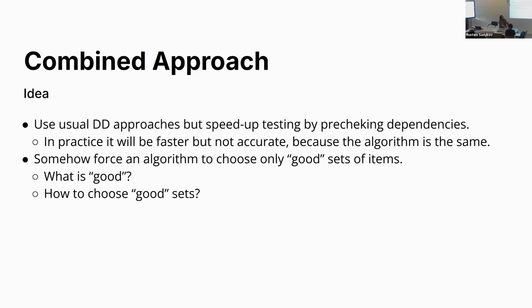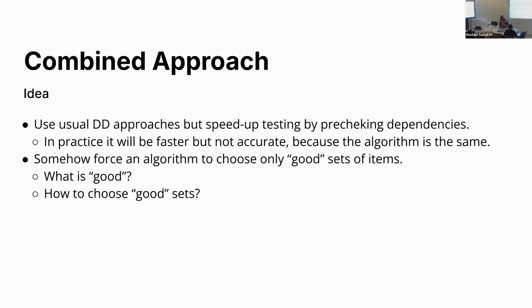So basically there are two ideas for how to respect this information. The first one is to apply the usual delta debugging on the program, but before testing, the actual compilation, we also check the graph with dependencies and try to understand if there are unresolved references before the actual compilation.